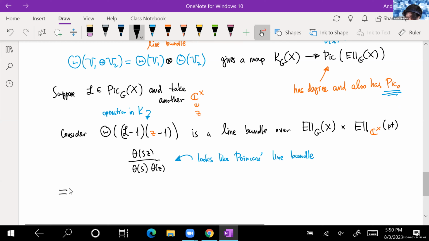So if I consider elliptic homology over, and sorry, I didn't finish this. In particular, it has degree 0, degree 0 in each variable.